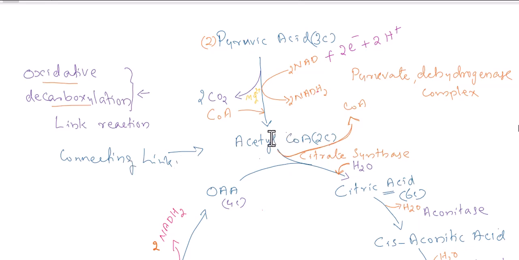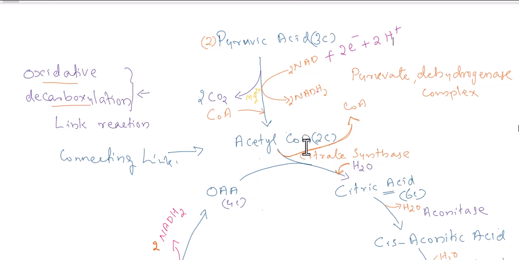It is a compound formed in between glycolysis and the Krebs cycle. Glycolysis ends in pyruvic acid, and the Krebs cycle starts from oxaloacetic acid. Oxaloacetic acid is the first compound of the Krebs cycle, the starting point of aerobic respiration.